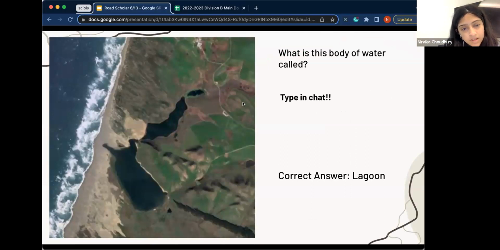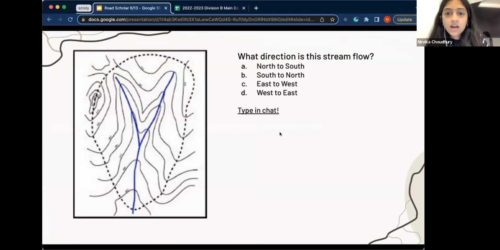I could see why the middle one could look like it, and I would agree that would be lake, but it's a lagoon. Okay, I'm gonna move on. What direction is the stream flow?